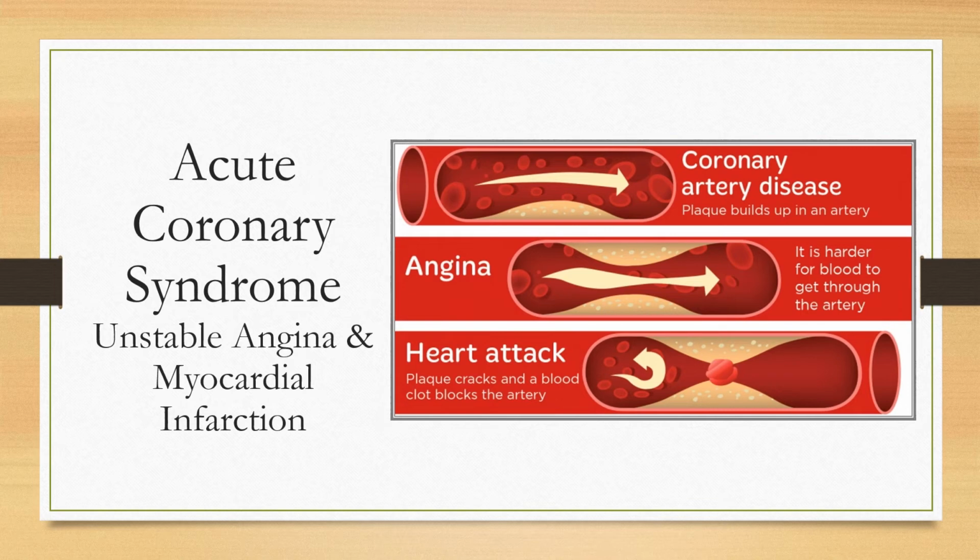And the blood says, whoa, I don't want this here. I'm going to clot on you. And enough of the coronary artery is blocked, so let's say 90 or 95%, but there's still enough blood going through the coronary artery that there's no heart attack yet.